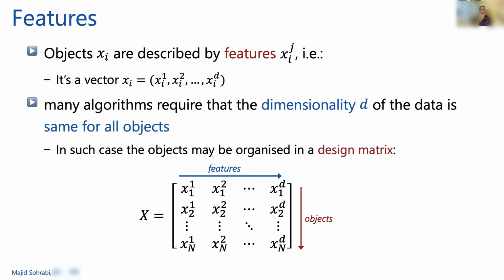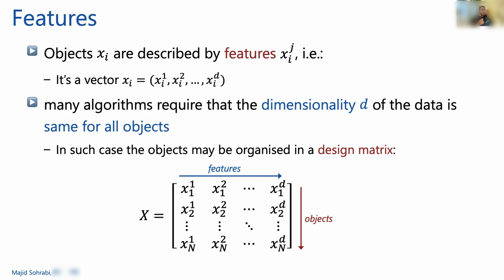For example, feature 1, feature 2, feature 3 for x1. The first row would be one flower, which has 4 different values for its sepal and petal lengths.